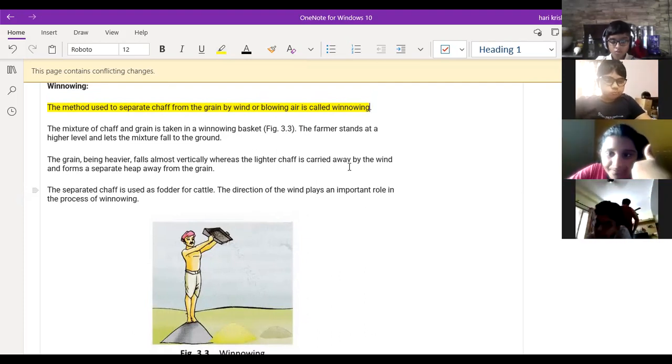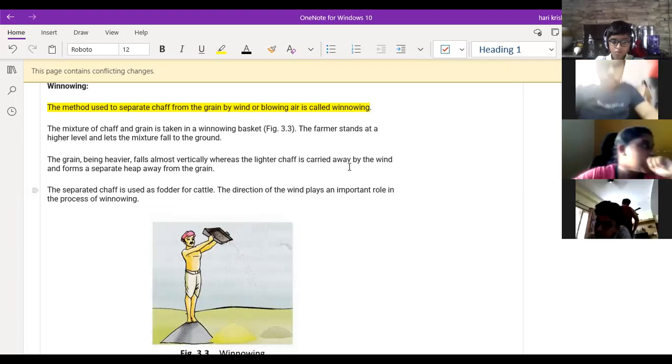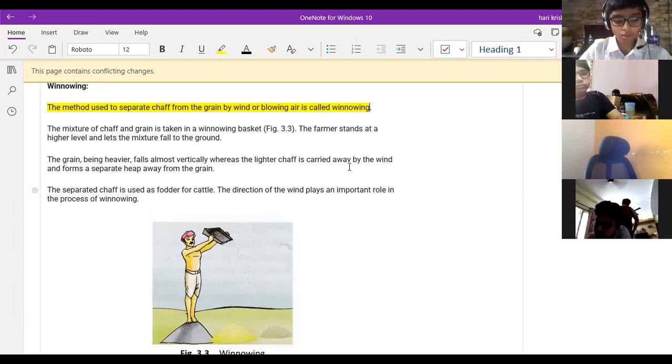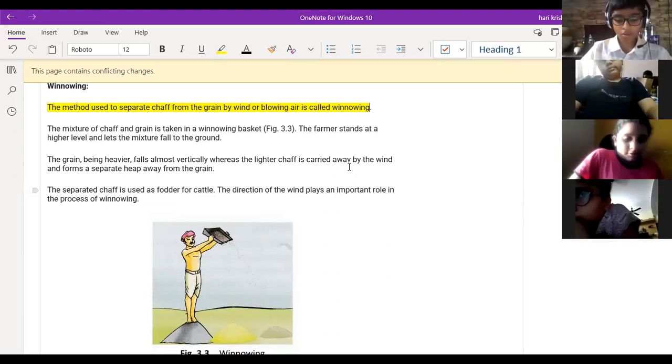First, what is the meaning of chaff? The second one, what is the meaning of husk? Third one, what is hay? And the fourth one, what is grains? These four definitions you have to give me in the next class.